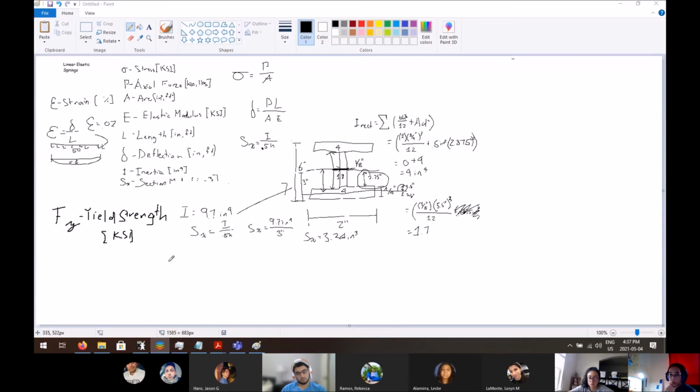Another interesting formula: sigma is equal to moment over section modulus.